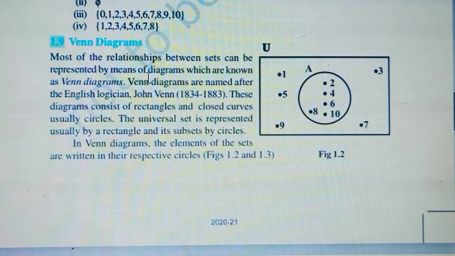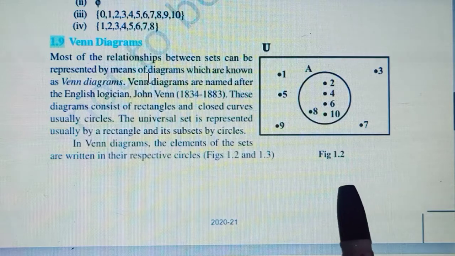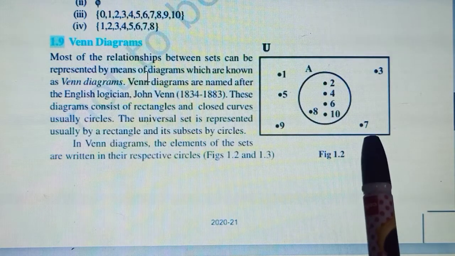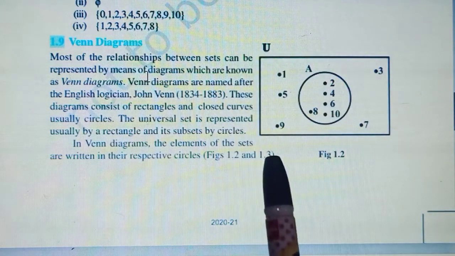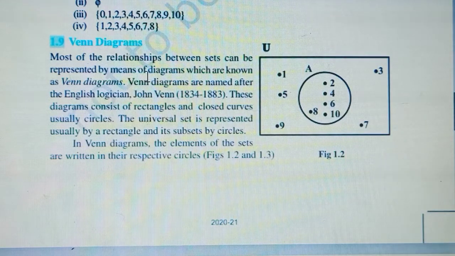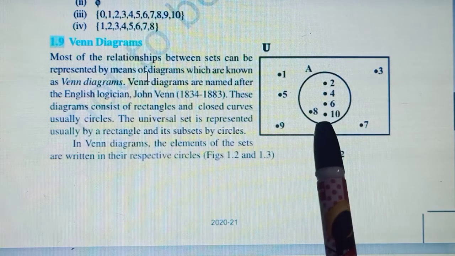As you can see here, this is a Venn diagram. Children, we had talked about the universal set. In a diagram, when you want to show a universal set, a rectangle is usually used to represent it. All the smaller sets, subsets of that universal set, are denoted by circles.